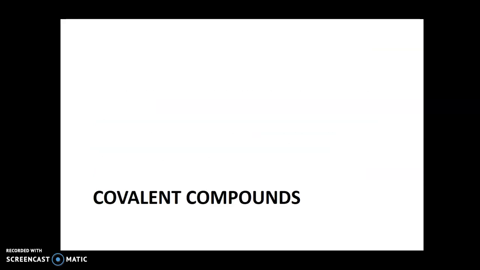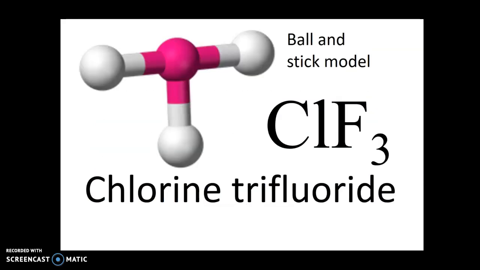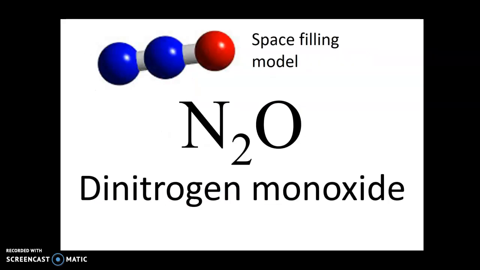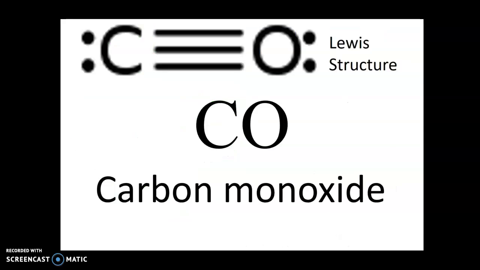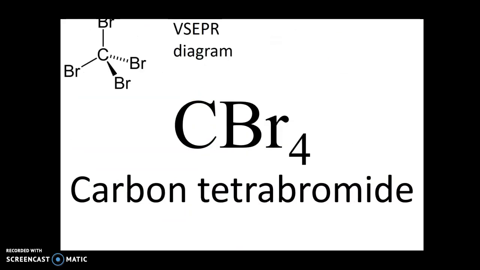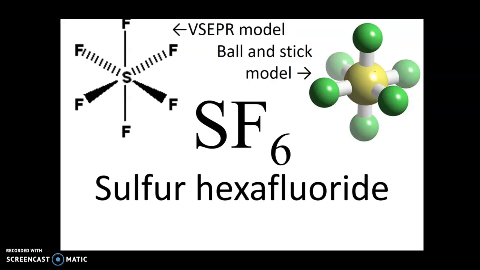Here we go for the same covalent compounds. ClF3, trifluoride is the second name. N2O, monoxide is the second name. PI5, pentaiodide is the second word. CO, monoxide. CBr4, tetrabromide.